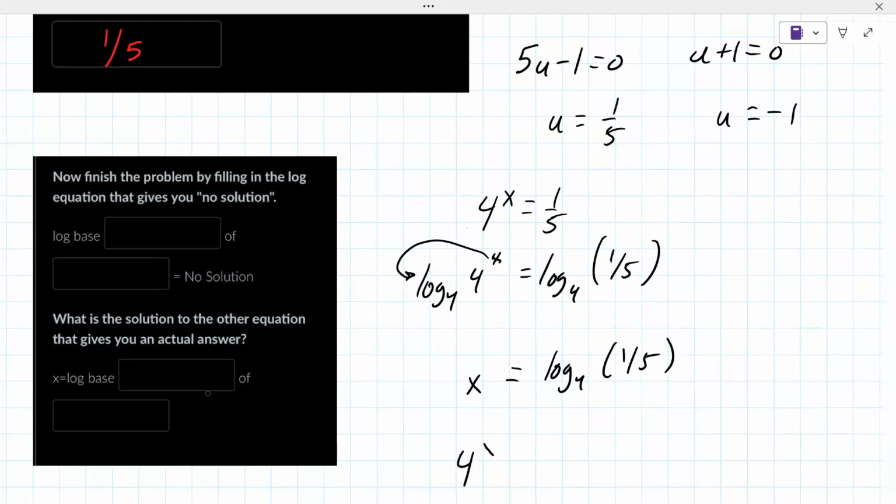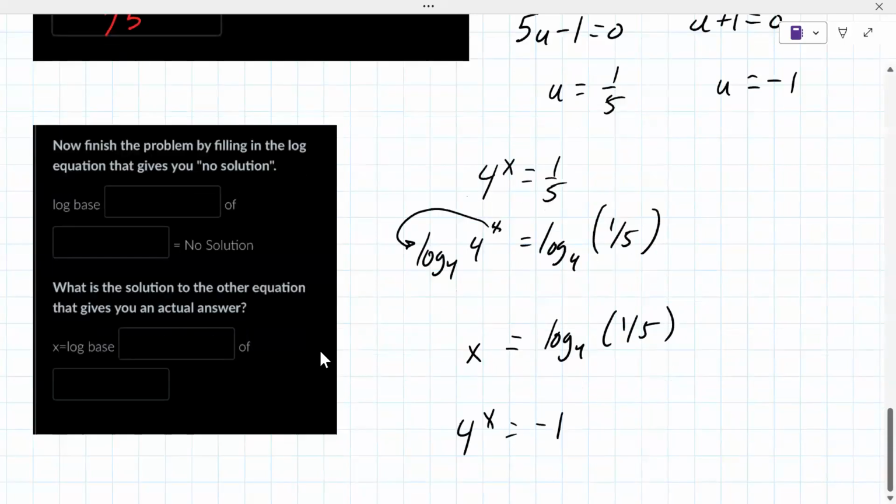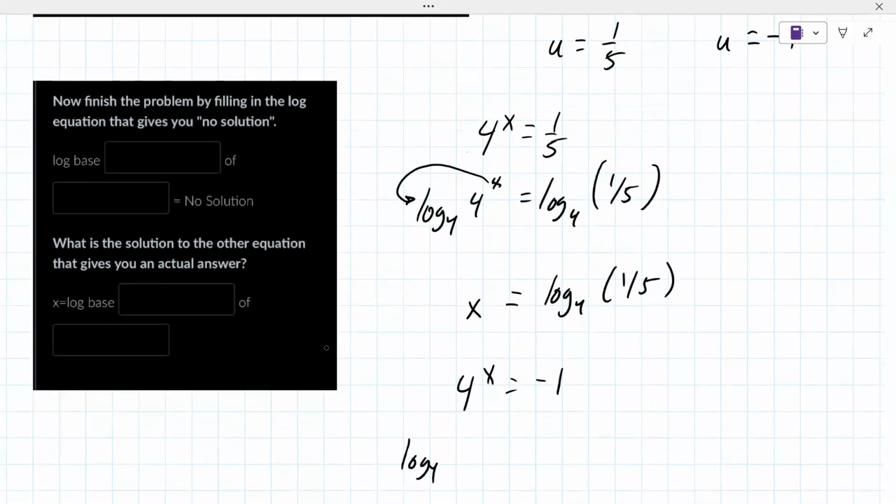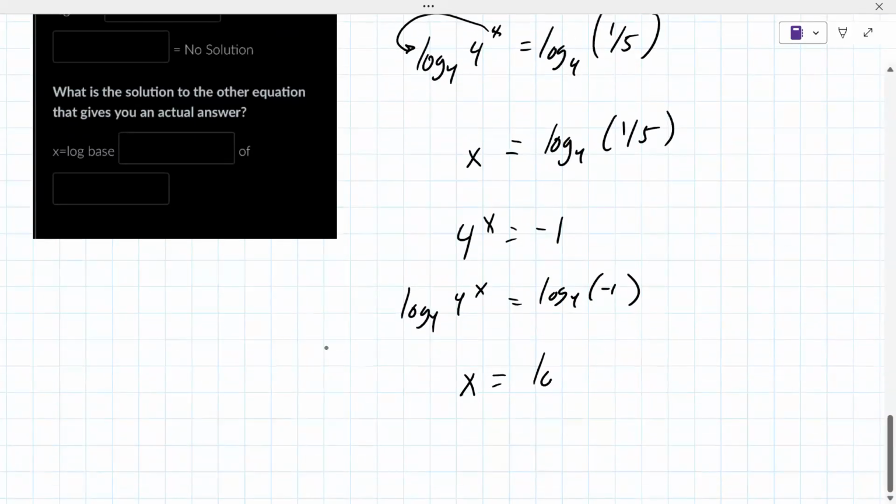The next one is 4 to the x equals -1. Same thing, you take the log base 4 of both sides. So on the left, it becomes x. So the domain of a logarithm is that the inside part has to be greater than 0.